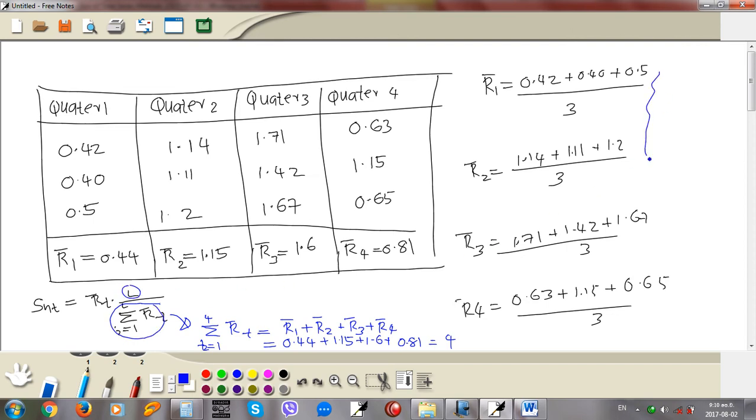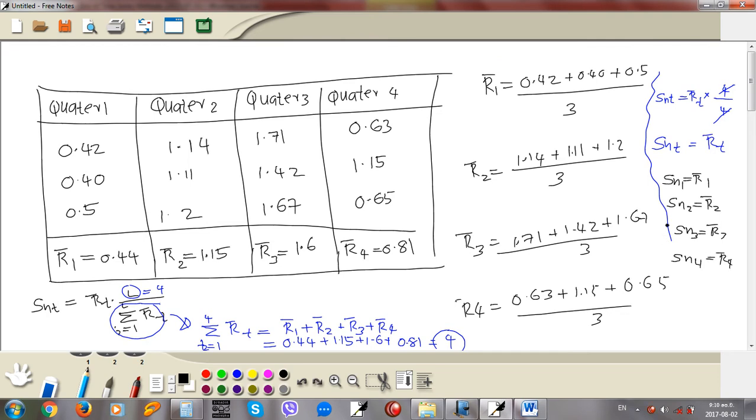Then I substitute into SNT equals R bar T multiplied by L, where L equals 4, divided by the sum we found, which is also 4. The 4 and 4 cancel, so SNT becomes R bar T. Then we can simply find the values for SNT: SN1 equals R bar 1, SN2 equals R bar 2, SN3 equals R bar 3, SN4 equals R bar 4.